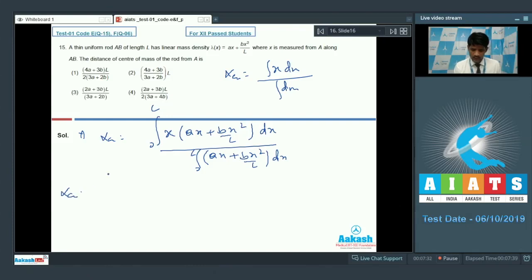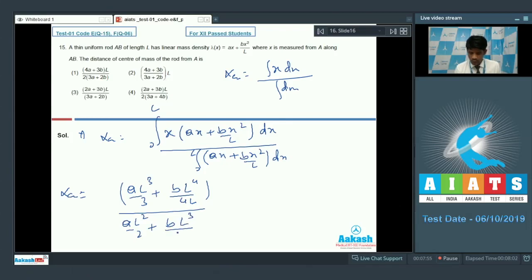So the x center of mass: the integral will be a x^3 by 3, that is L^3 by 3, plus b x^4 by 4L, that is bL^3 by 4, divided by aL^2 by 2 plus bL^3 by 3L.